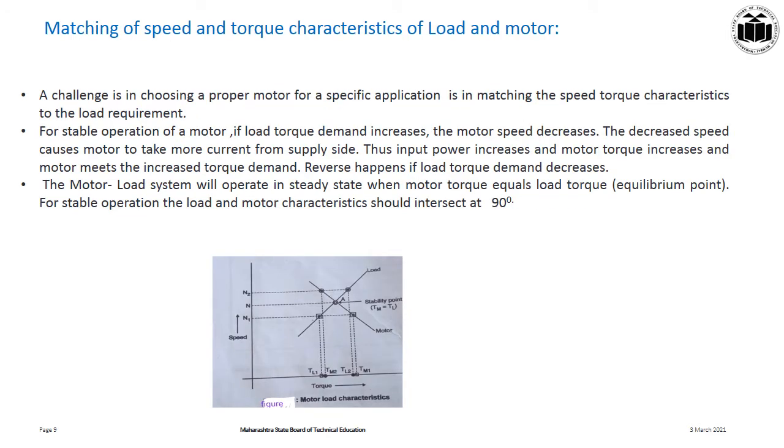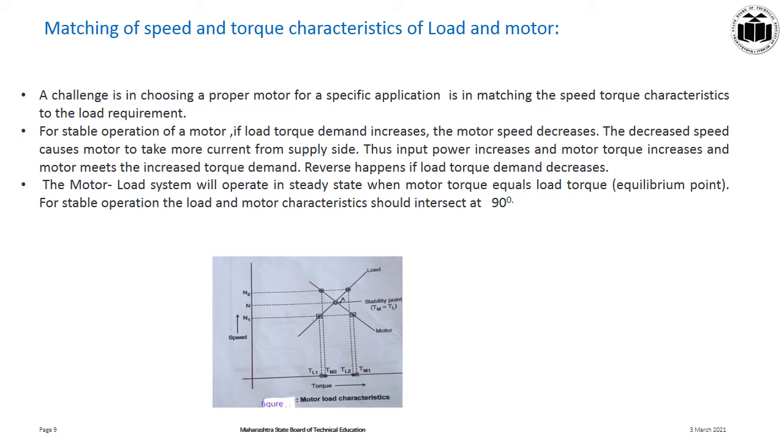The next important point which is to be considered is the matching of speed and torque characteristic of load and motor. For the stable operation of motor, if load torque demand increases, the motor speed decreases.